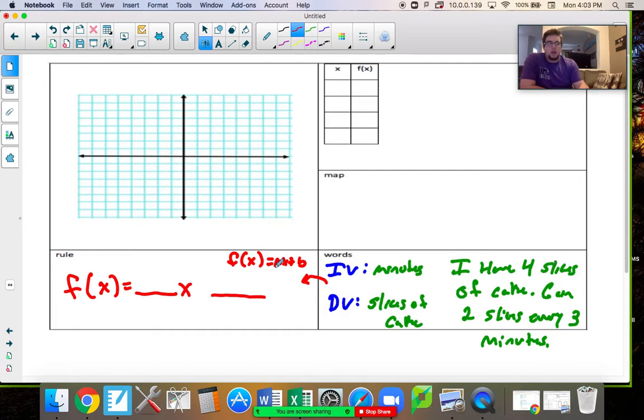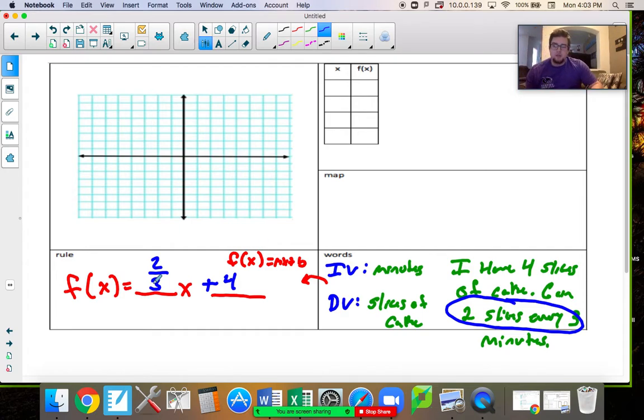That's my y-intercept. So right here, I've got a +4. Then my next one, it's our ratio, 2 for every 3. 2 slices for every 3 minutes. There's our equation. So now that we have our rule, we have our option to go right into the graph or right into the table.